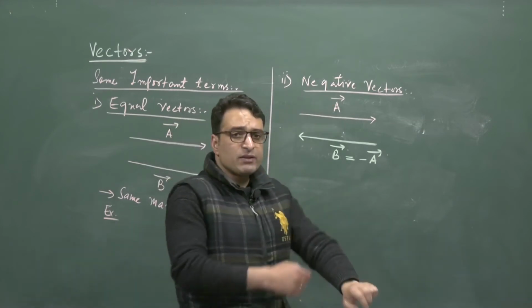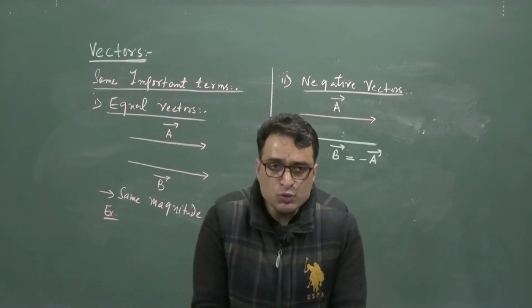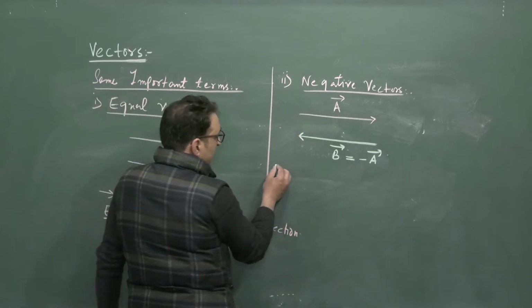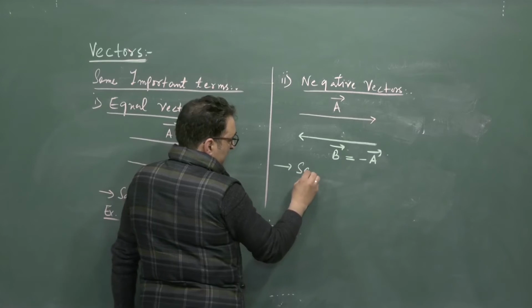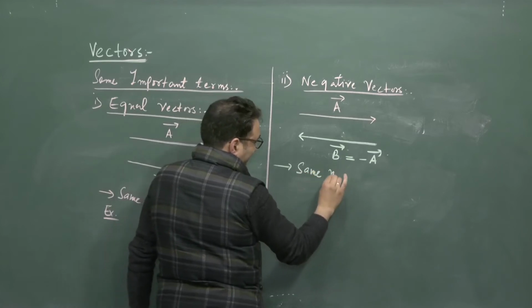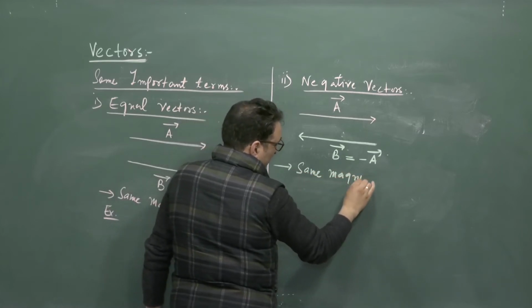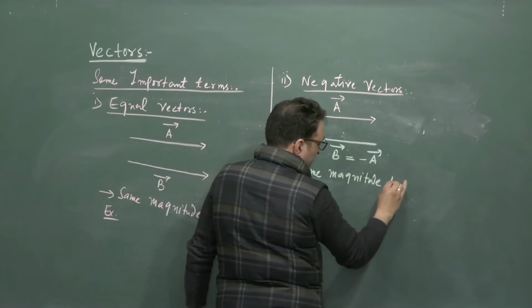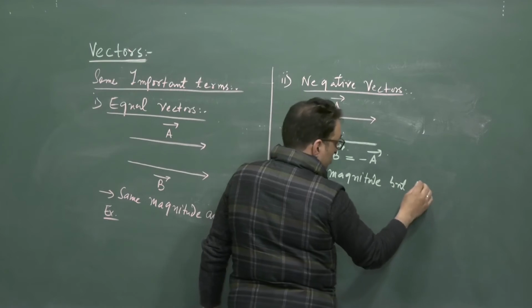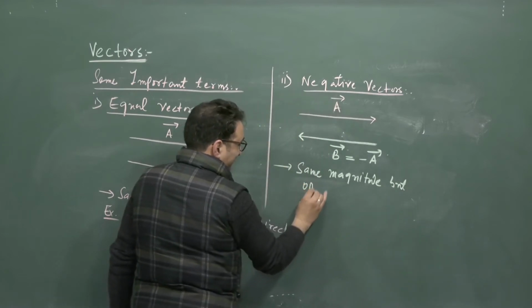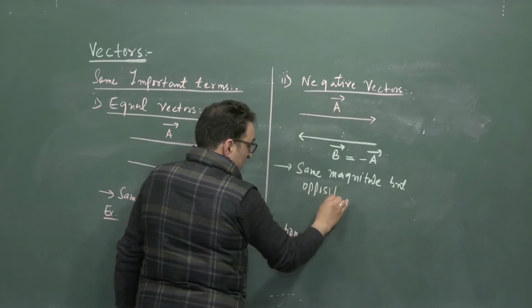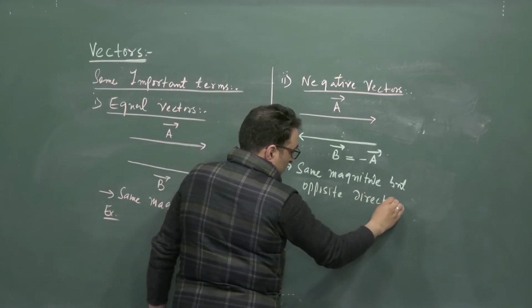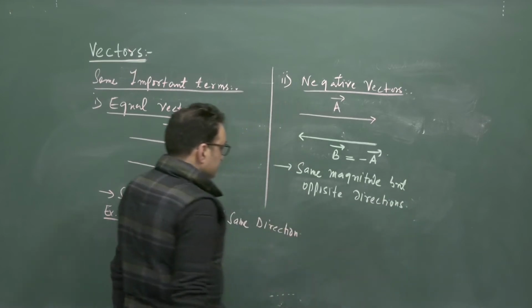Therefore, we can now conclude that the two vectors are said to be negative if they have same magnitude but opposite directions.